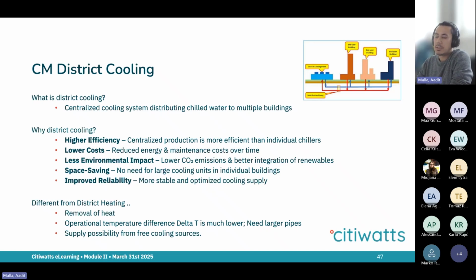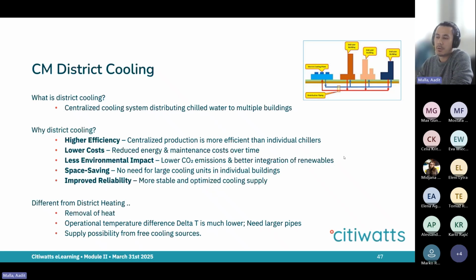How is it different from district heating? Of course, rather than providing heat, we are removing heat. But in more technical terms, the operating temperatures, the difference between the supply and return temperature, the delta T, is much lower in district cooling, which results in the need for much larger pipes, which makes the economic assessment a bit different than for heating.